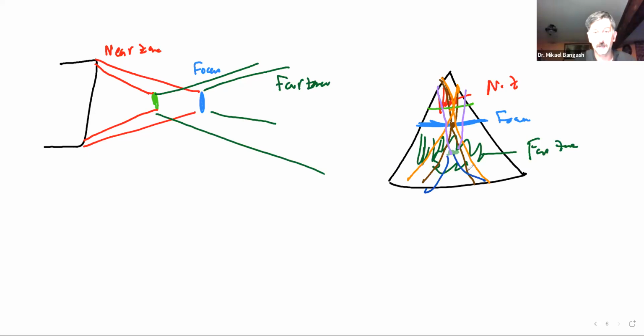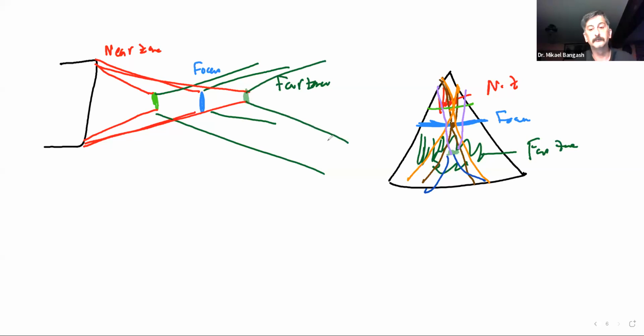It means that you will have a greater near zone because your focus is at a greater depth, and then the rest becomes your far zone.